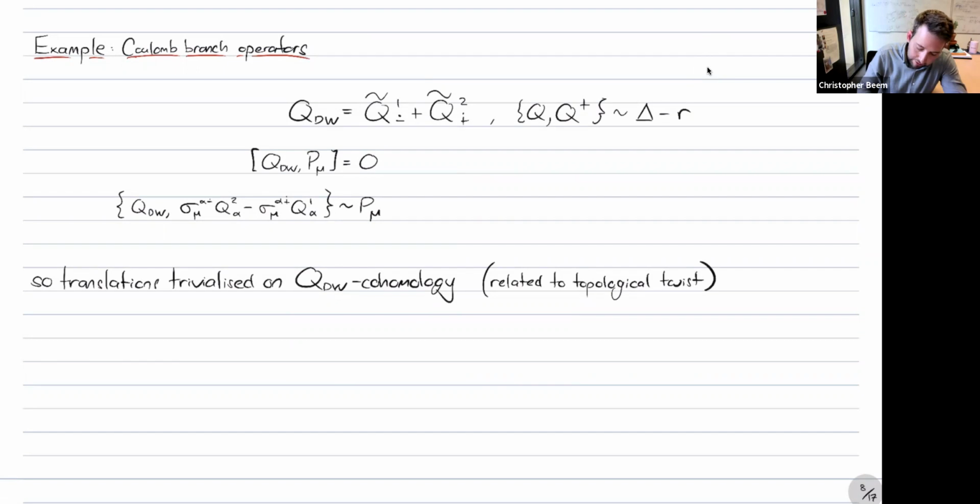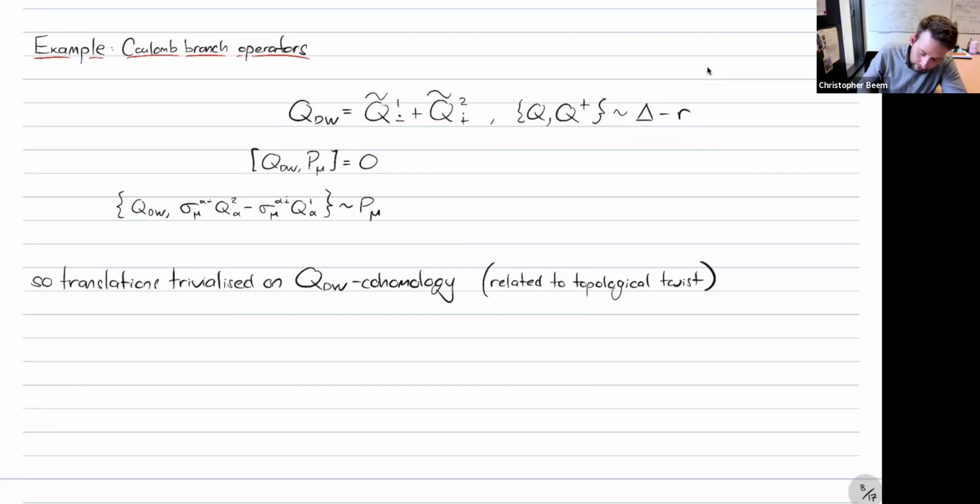It's a particular combination of 2 of these Q tilde supercharges, and if you work it out, then Q and Q dagger anti-commute to this combination delta minus R. So that means that if you're looking at things which are cohomology classes with respect to this Q, then you can choose harmonic representatives, which are operators whose dimension is equal to their U and R charge. So these are exactly these epsilon multiplets.